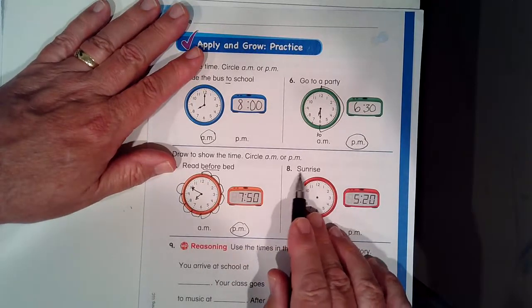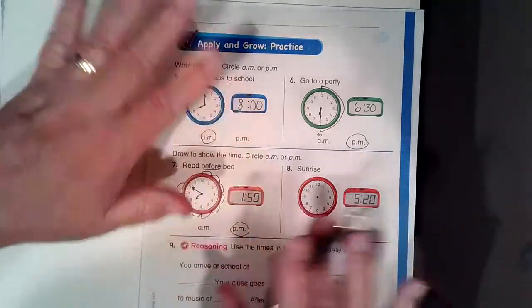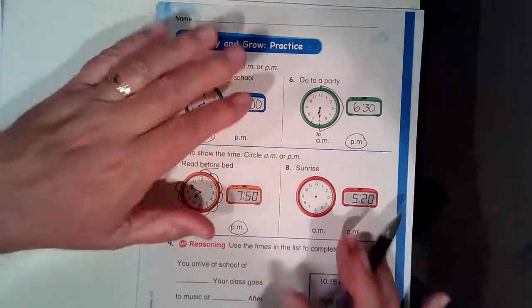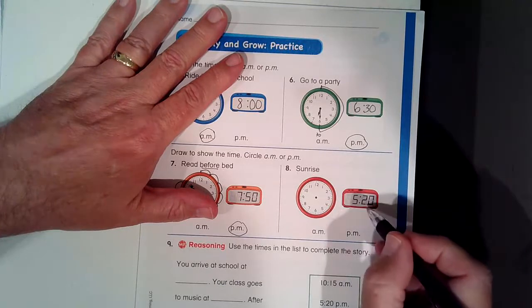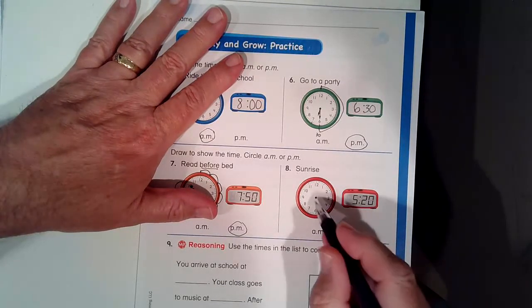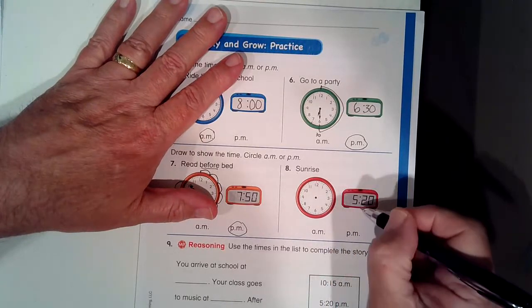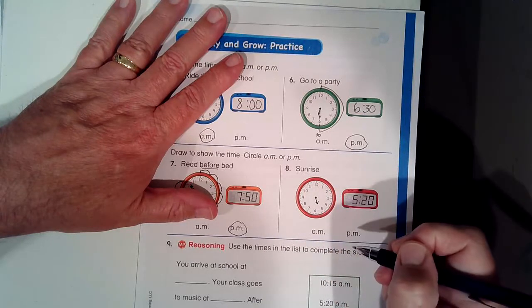And then we have sunrise. So it's dark, it's dark, it's dark. And then the sun starts to come up and it's bright. Sunrise is at 5:20. Let's do that on the clock. 5:20. I'm going to draw my hour hand between the 5 and the 6.